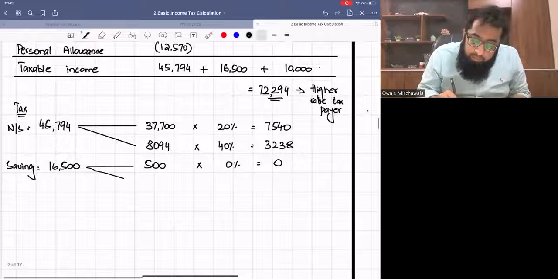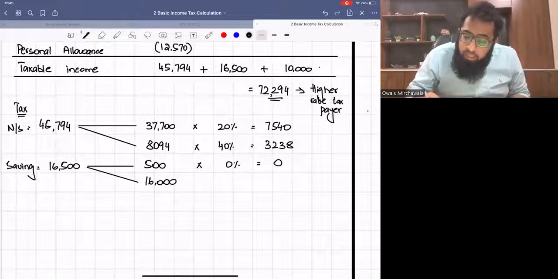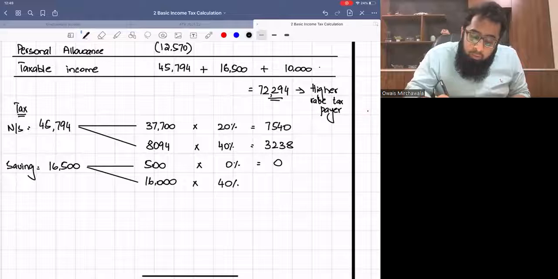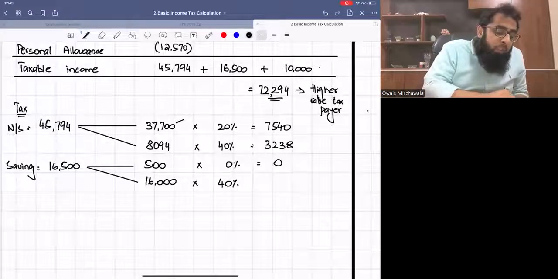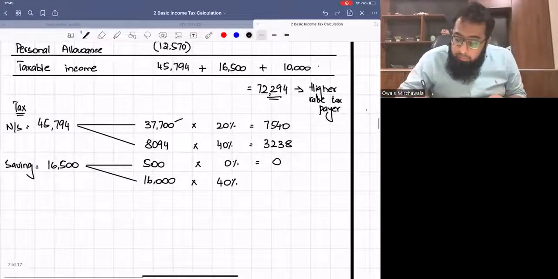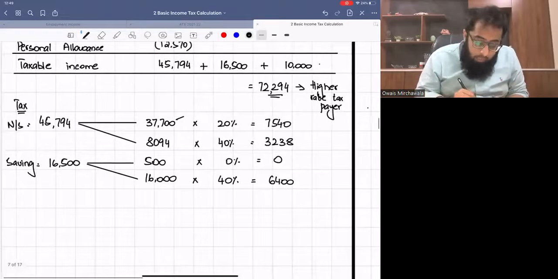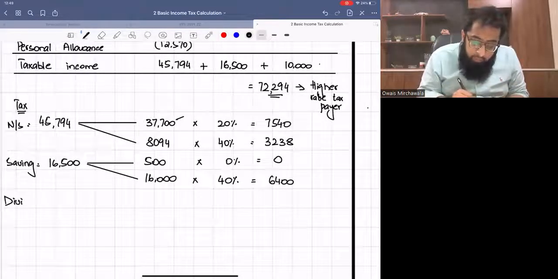Now, the remaining saving income of 16,000 is in higher rate band because basic rate band is already used up. So 40%, 6,400. Now we have dividend income of 10,000.